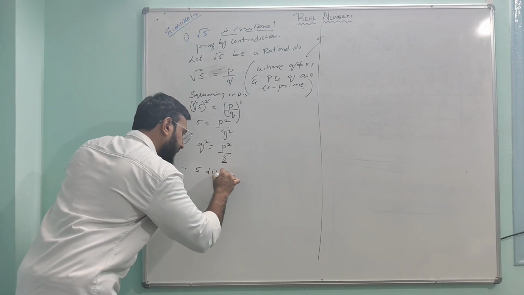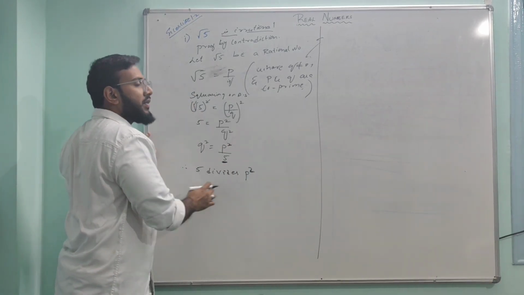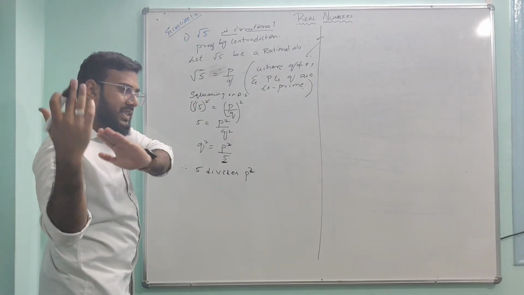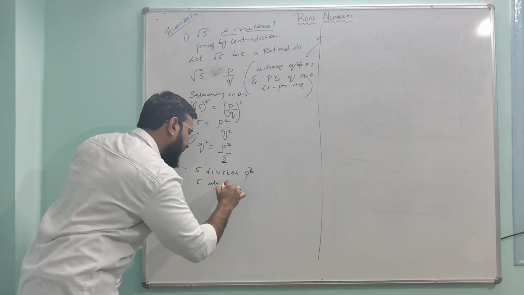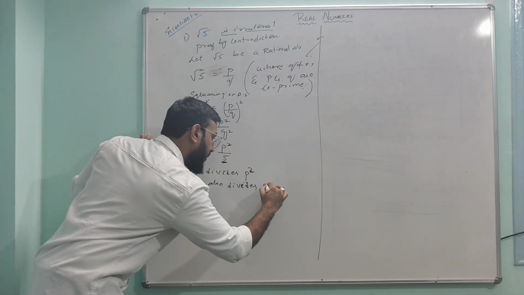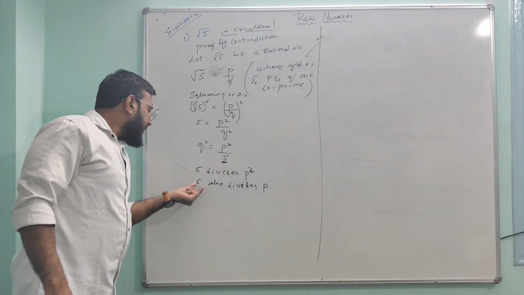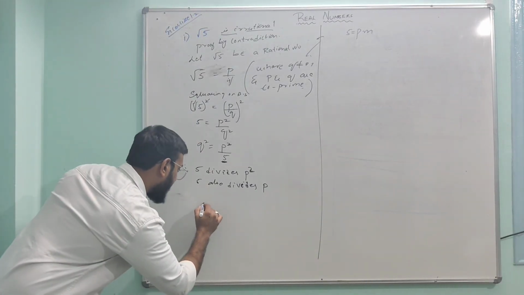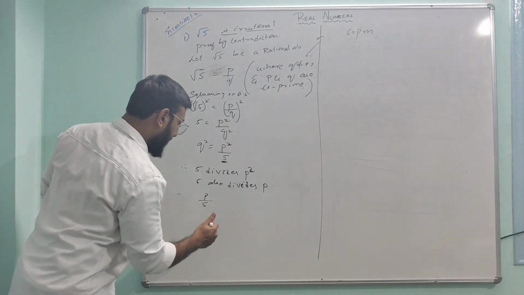Therefore, 5 divides p square. With the help of that theorem, we know that if p divides a square, p also divides a, correct? So 5 also divides p. If 5 divides p square, 5 will also divide p.